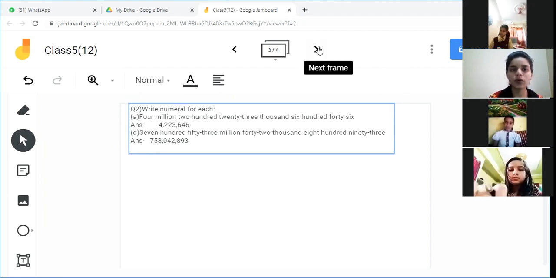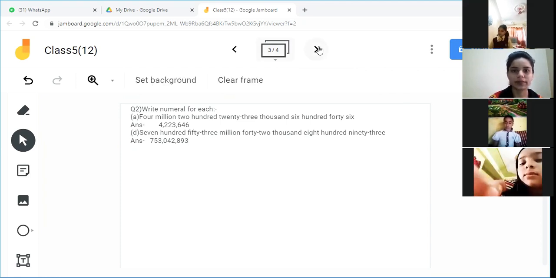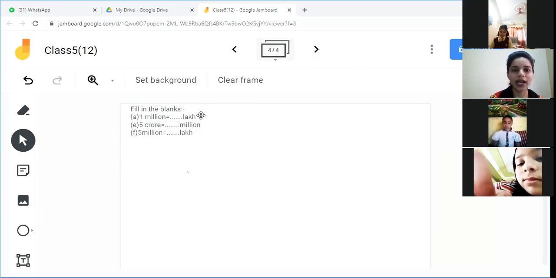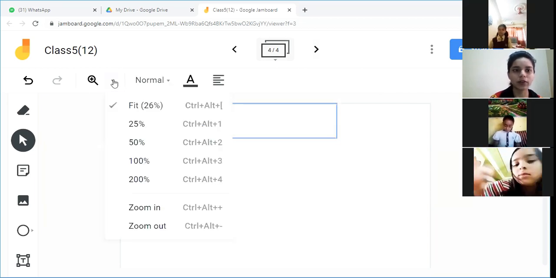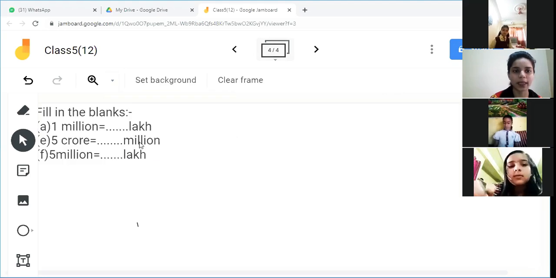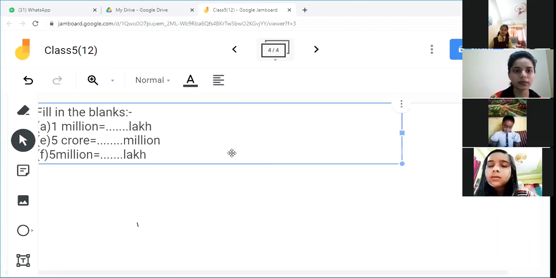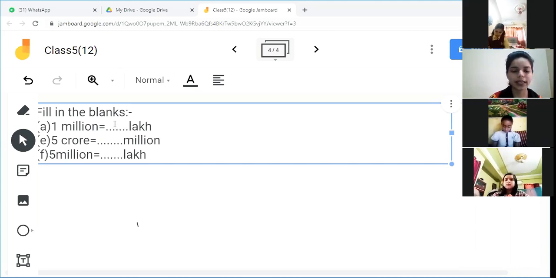Now, let's move to the next question. In the next question, we have to fill in the blank. Okay. Now, 1 million equals how many lakhs, children? It is 10 lakh. Okay.